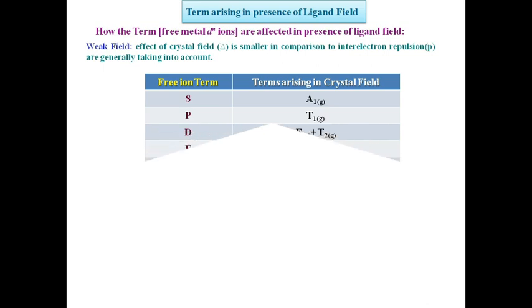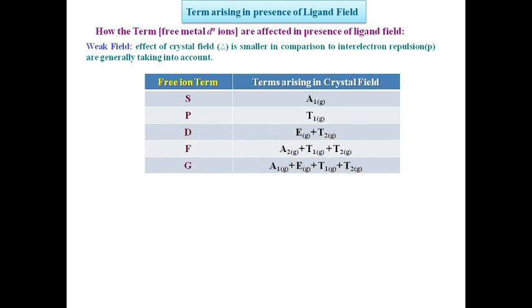And these terms come from the application of group theory. I will discuss it in another video. So let us see how the free ion terms of different dn systems are further split into different crystal field terms in tabular form.